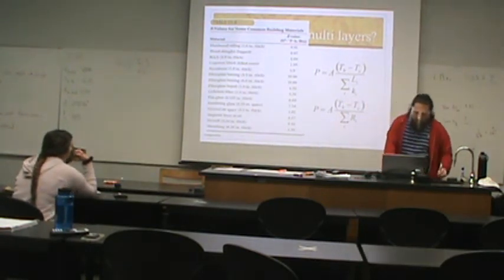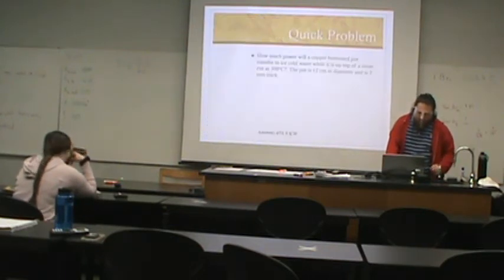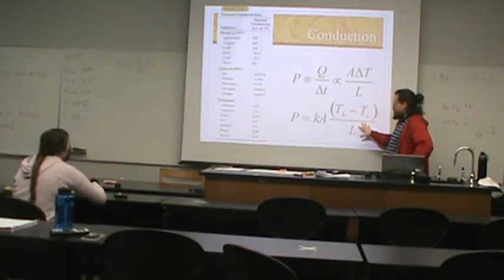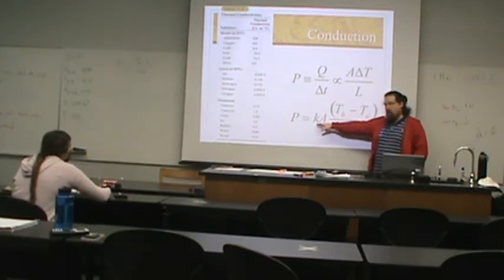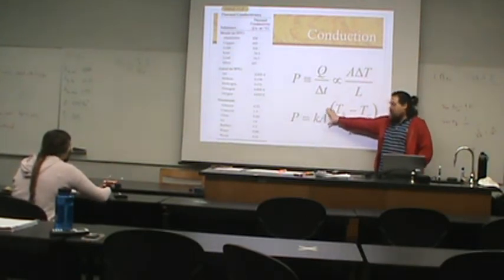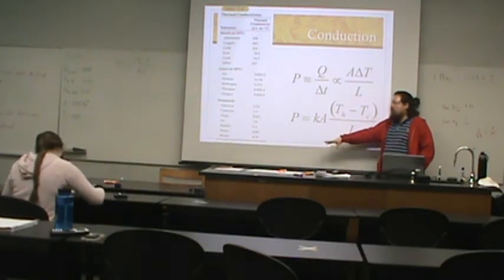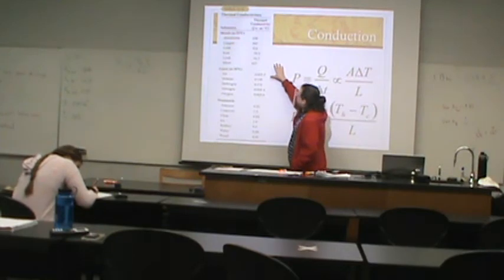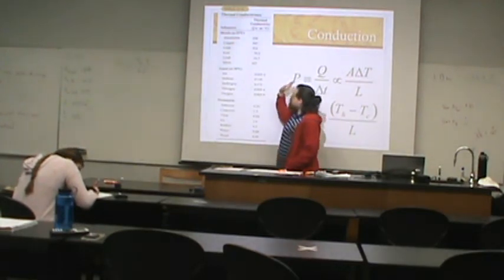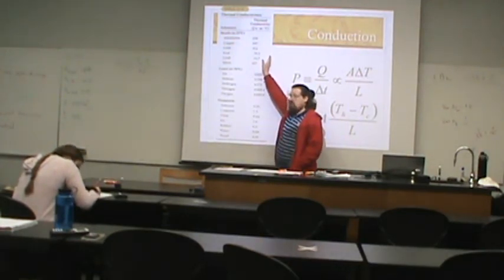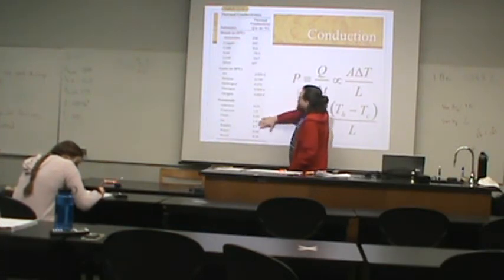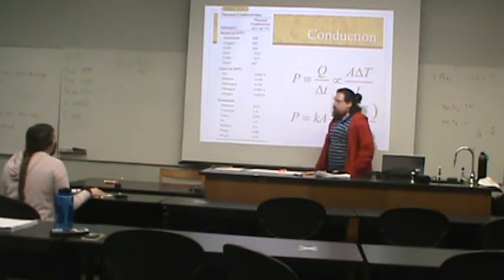It gets a little tricky because of where the K is now. In the original version, since K is in the numerator, bigger K means bigger thermal power, which means faster heat transfer. Look here, the metals have very big numbers, thermal energy transfers very quickly through metal. Gases and nonmetals are very slow.